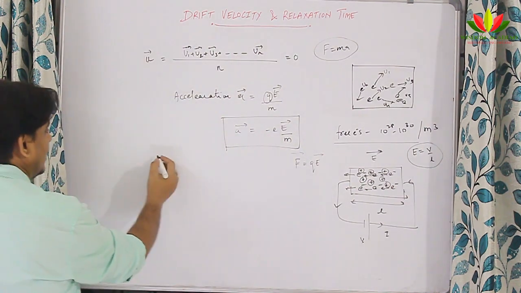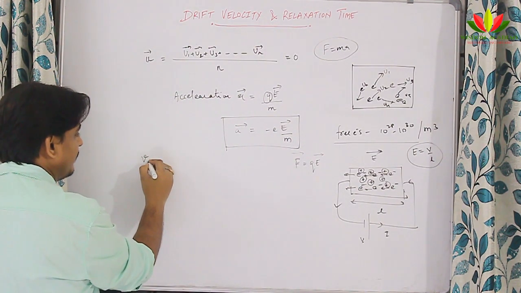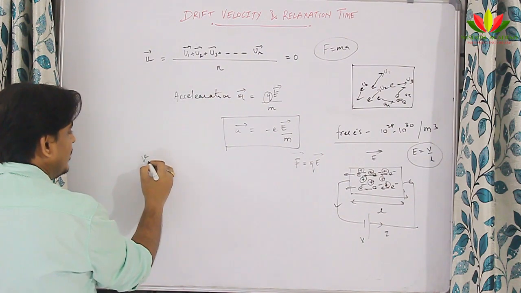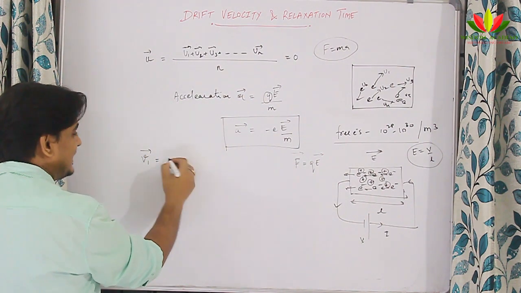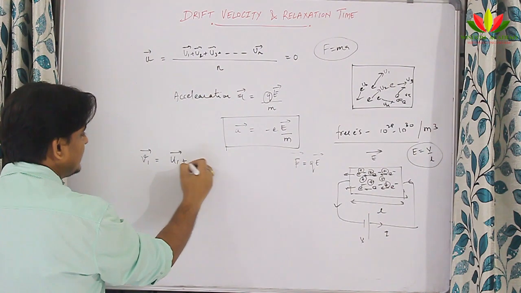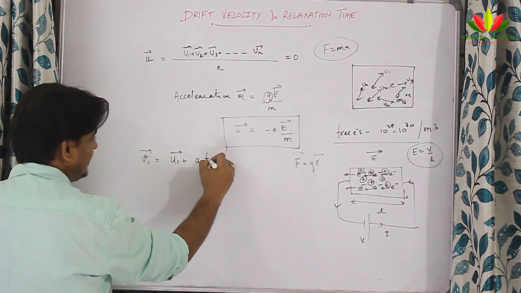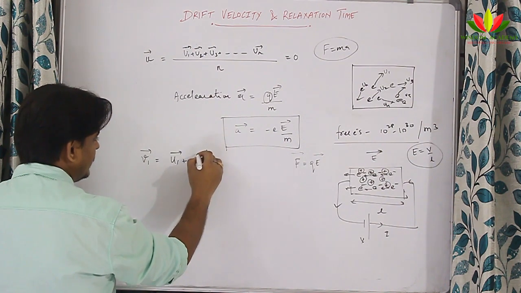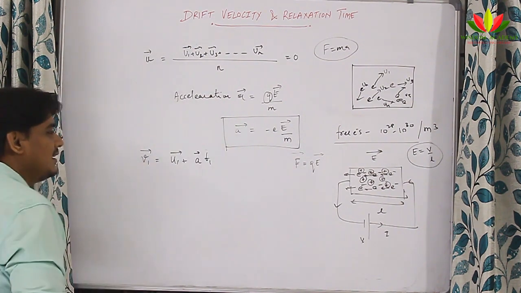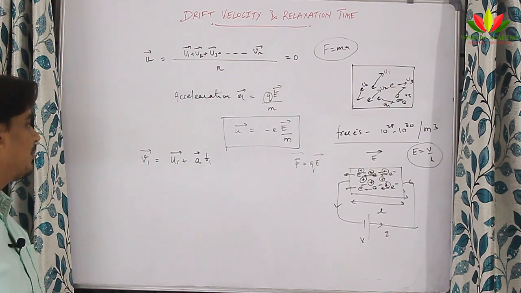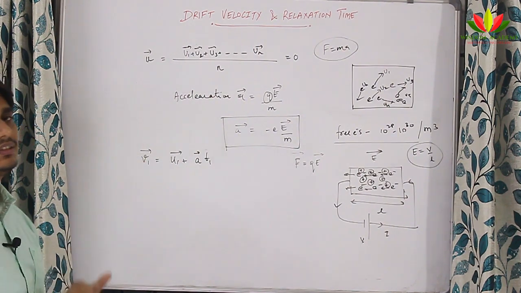Suppose, what will be the velocity attained? For one particle, V1 will be equal to u plus at. So, u1 plus a into t, let this be t1. So, u1 plus a t1 is the velocity attained by the first particle.